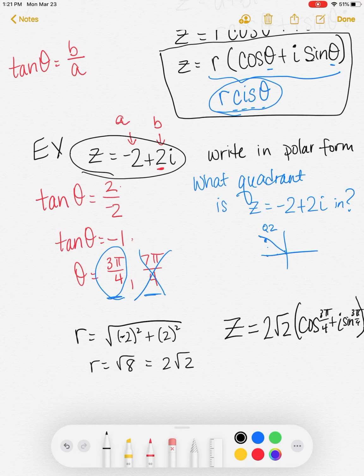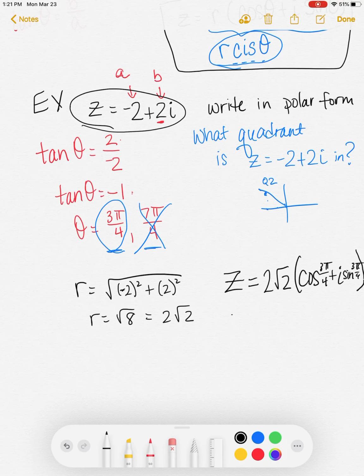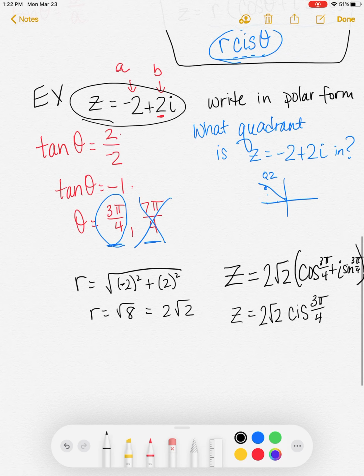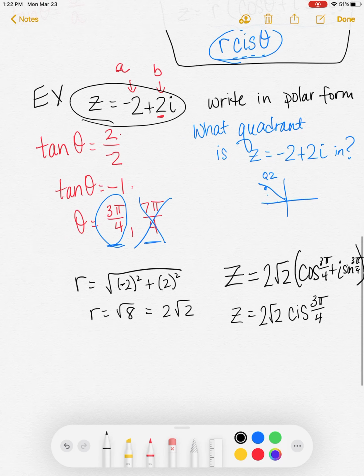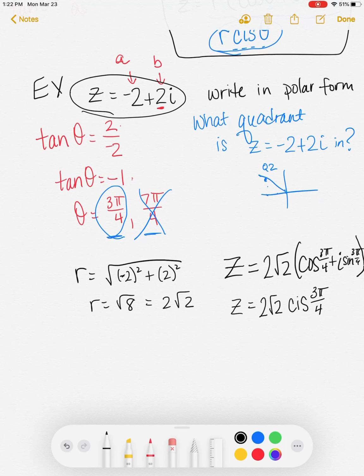But if I want to match the WebAssign, it's probably going to have that cis. So 2 square roots of 2, and then cis 3 pi over 4. All right, so that is how we convert from a complex number to polar form.